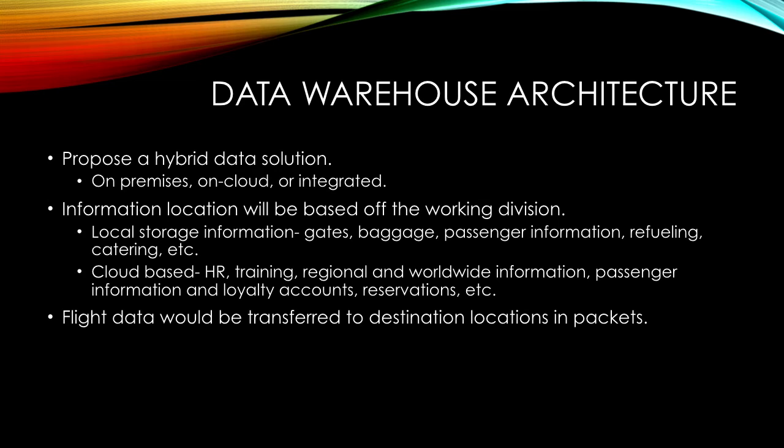So local storage information, that'll be, for instance, the gate personnel. They're going to need information for the aircraft gates, the baggage information, passenger, refueling, catering, all that stuff so they can get that aircraft boarded and out to clear way for the next available aircraft. That's all going to be on local storage.